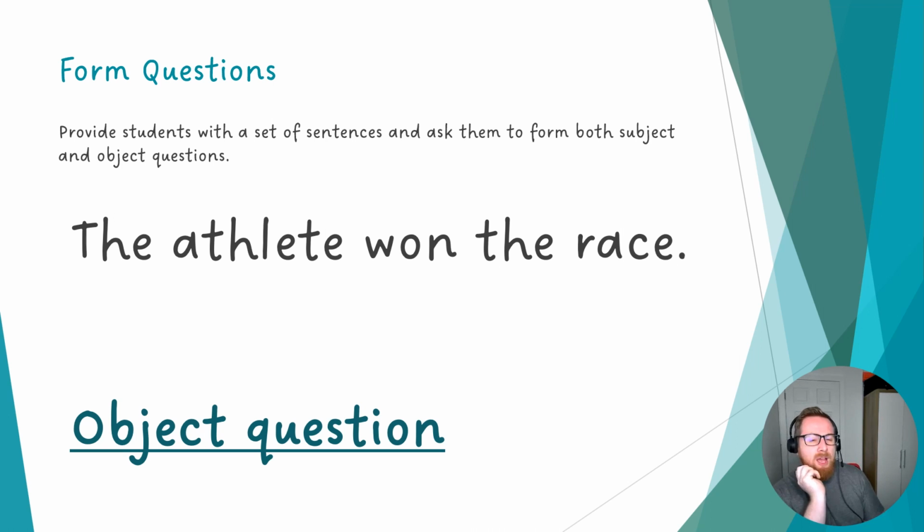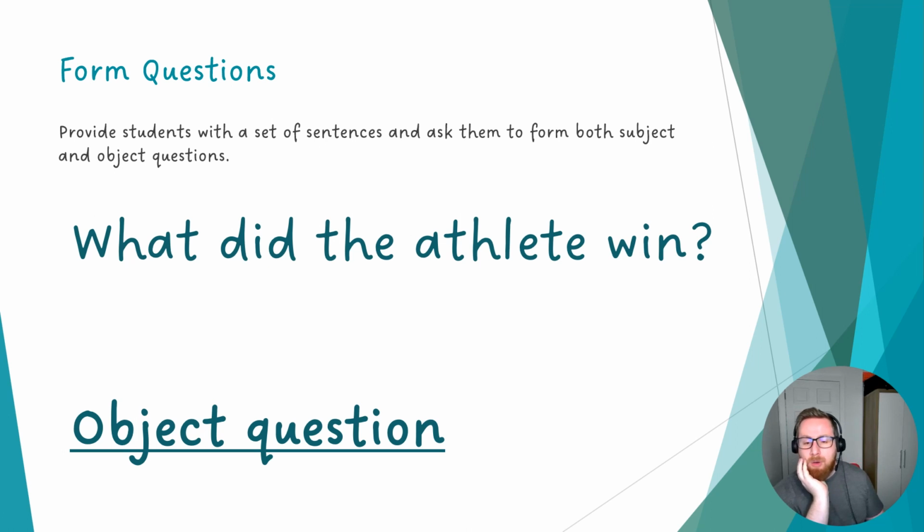Who, what, when, where, why, which? What could we use? What did the athlete win? Auxiliary verb, what did the athlete win? We're talking about the race. The object, the race. Not talking about the person. What did the athlete win? The race.